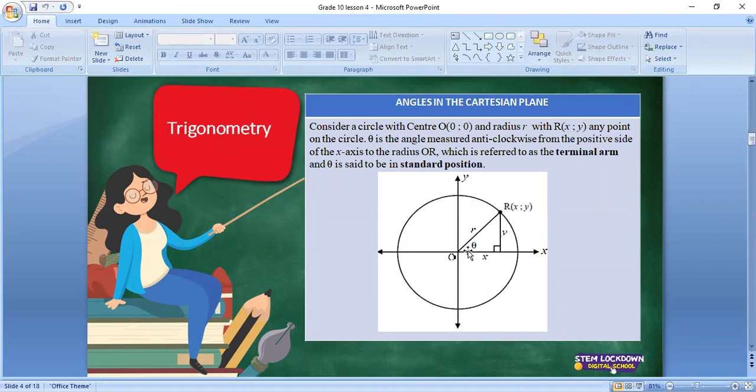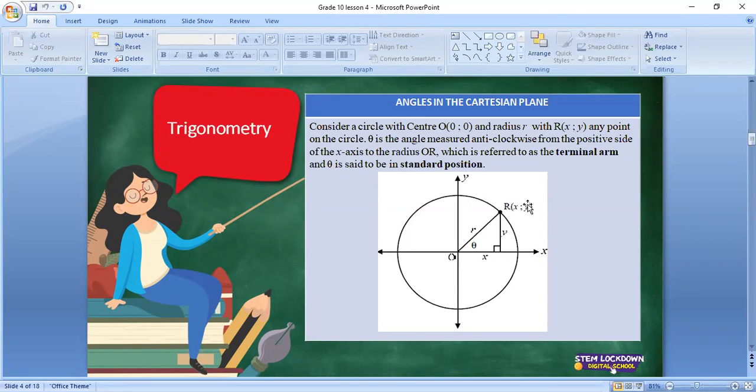If we are given a point like this with coordinates x and y, and you complete a triangle with the arm OR and an angle here, the x coordinate is this side.